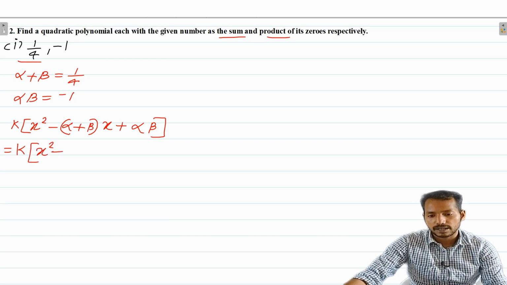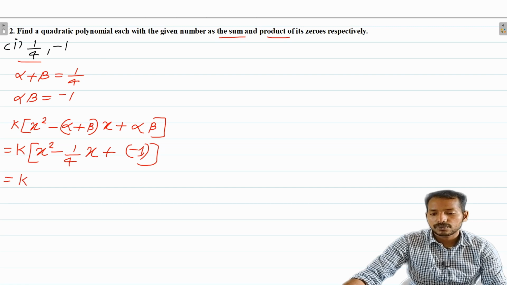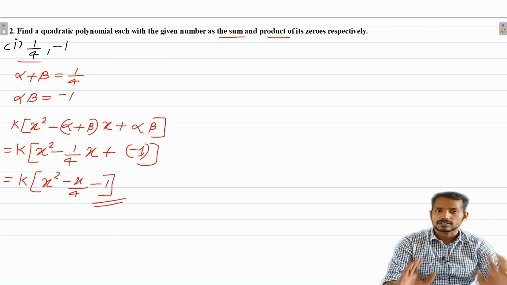X square minus, alpha plus beta is 1 by 4, into x, plus alpha into beta is minus 1. That is equal to k into x square minus x by 4 minus 1. Okay, no problem. Answer is simple.